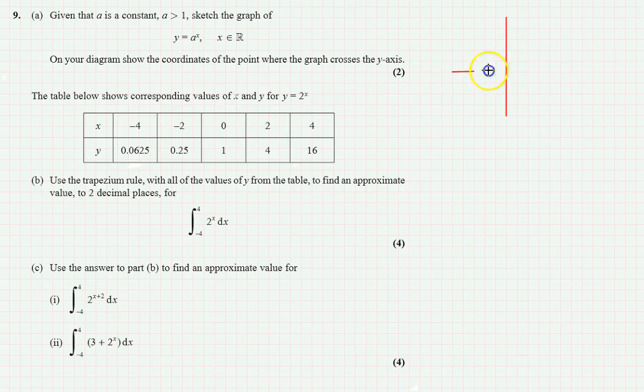So let's assume these are the axes, and this is point 1. So a to the power x, and a is greater than 1, so this graph will not touch this axis.